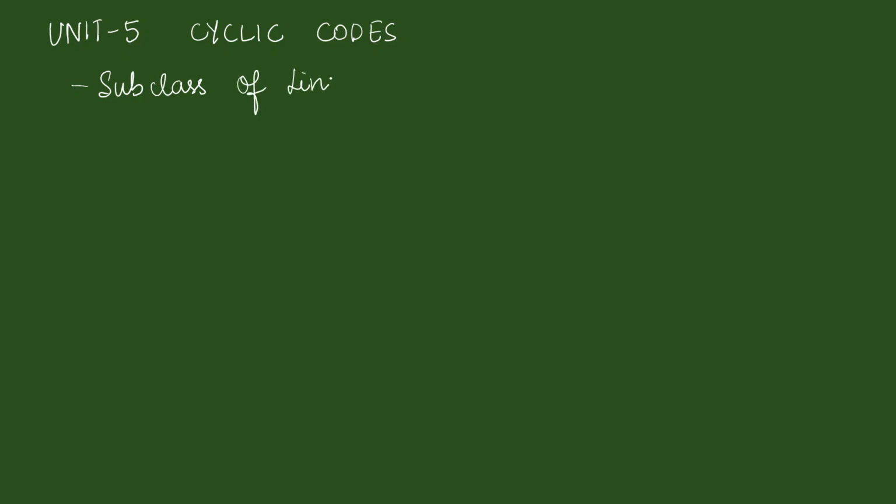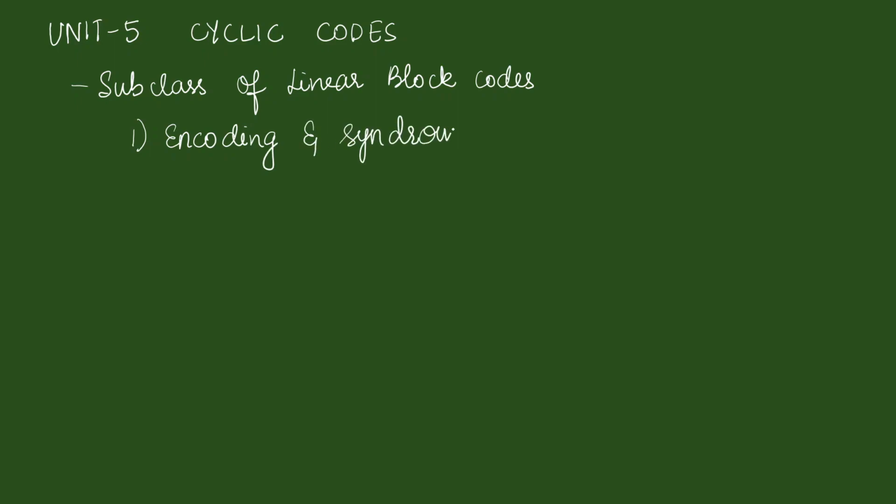So how do we differentiate the normal linear block code from the cyclic code? They have two advantages over linear block codes. One advantage is that the cyclic codes have encoding and syndrome calculating circuits that are easier to implement.